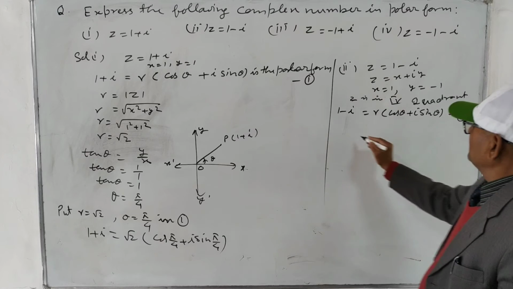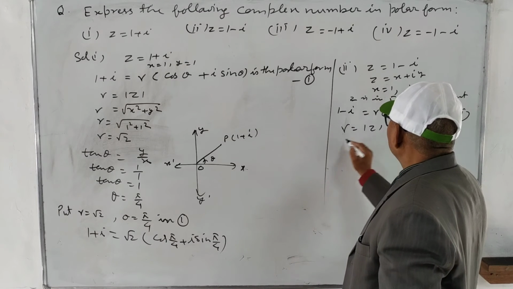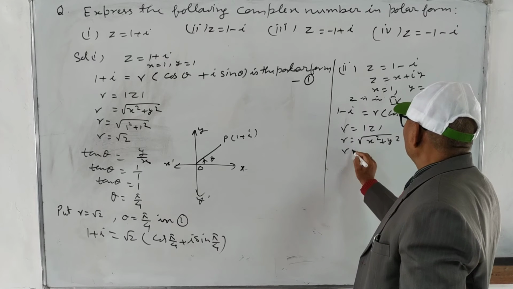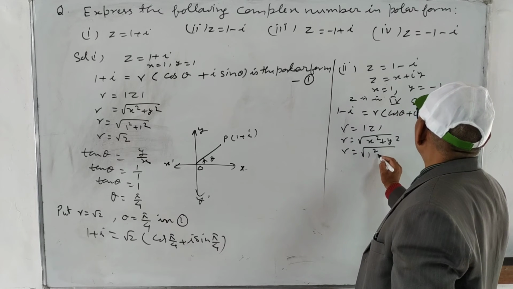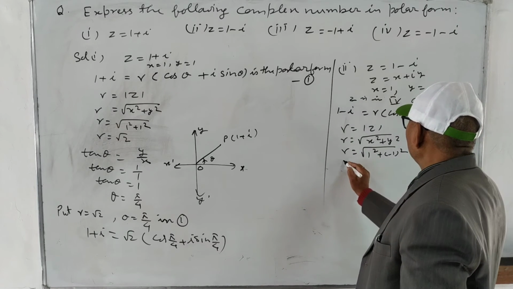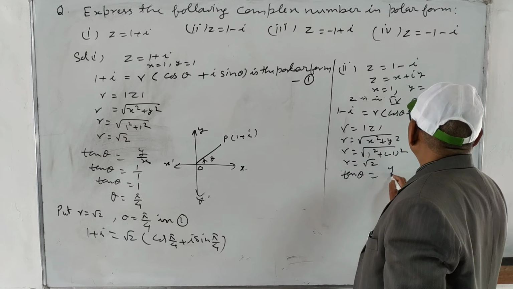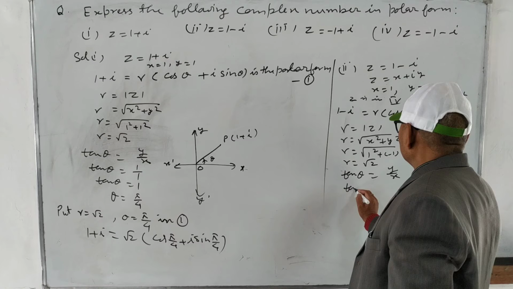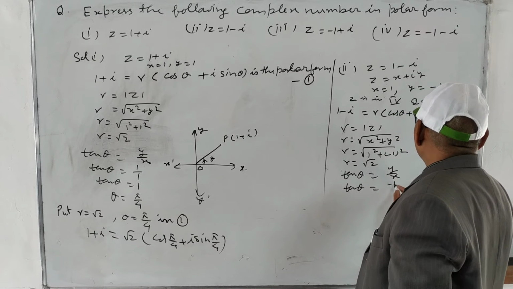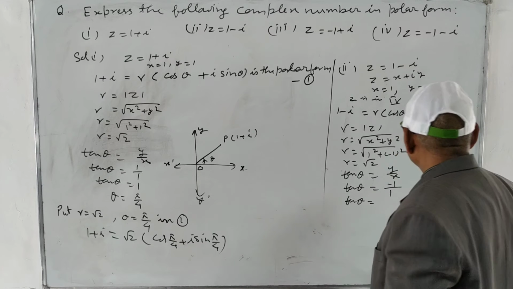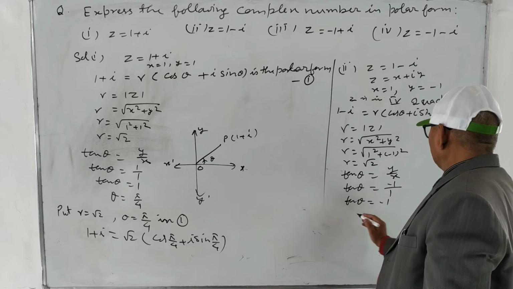This is 1. r equal to mod z, r equal to under root x square plus y square. r is under root 1 square plus minus 1 square. Your r is root 2. Tan theta is equal to y upon x. Tan theta equals minus 1 upon 1, so tan theta equals minus 1.